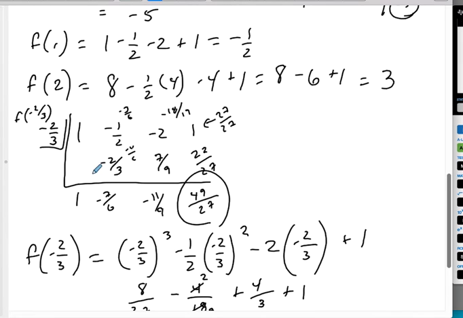Let's see. That is -3/6. That is -4/6. That's -7/6. When we multiply, I can cancel the 2. And so I should get 7/9. I agree with that. This is a -18/9, which I agree with. That's a -11/9. I think that's a 22/27. I think that's right.